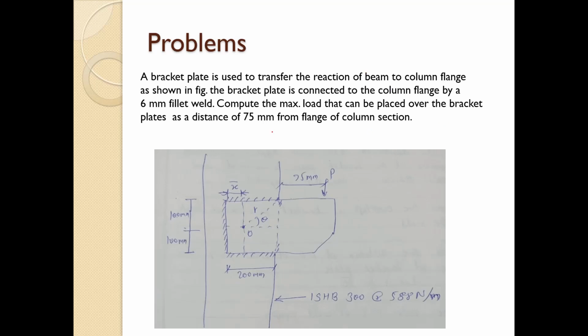We need to find the P. And here we have the ISHB 300 at 588 Newton per meter. So here we have this length, that is 200 mm, and here it is again 200 mm. So CG is somewhere up here, that is X bar from this edge. So we will find that one.